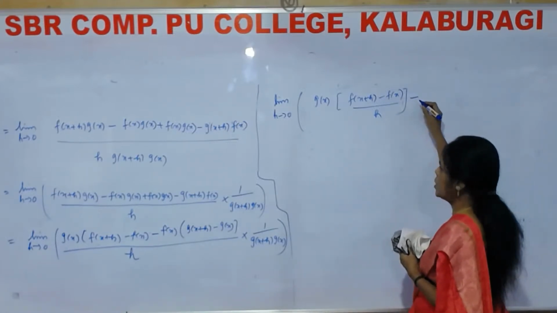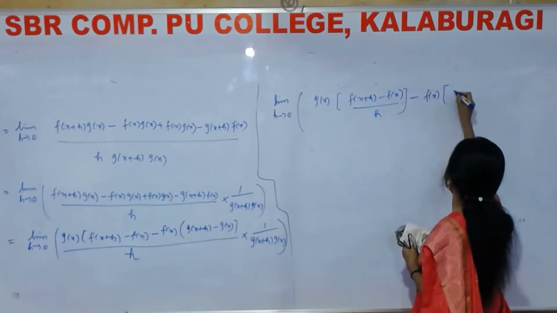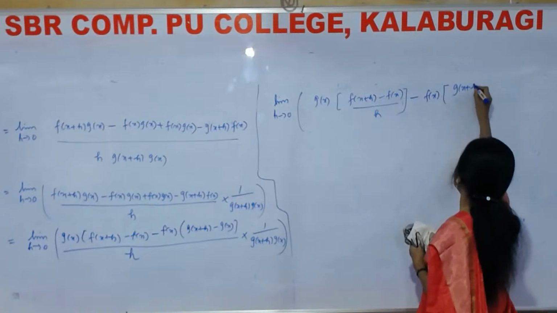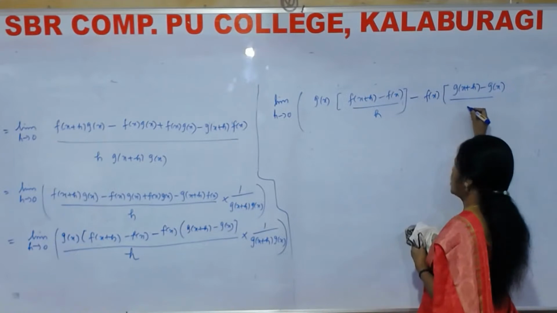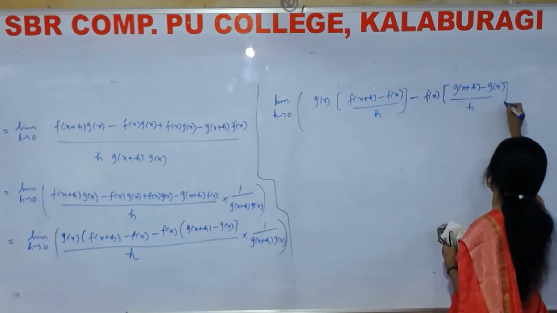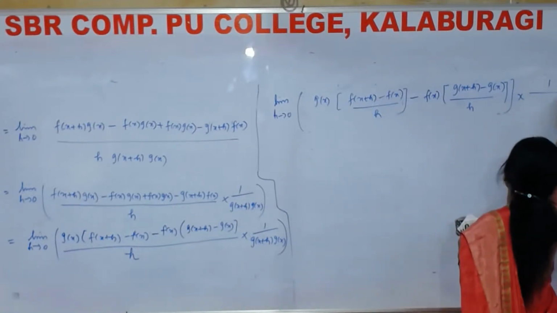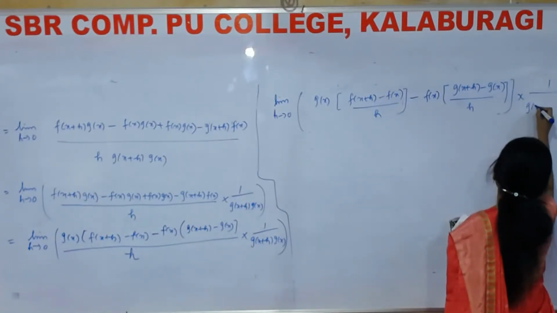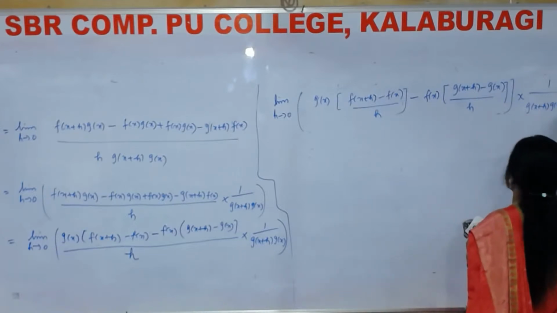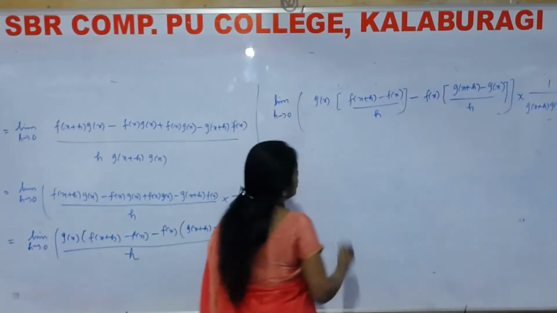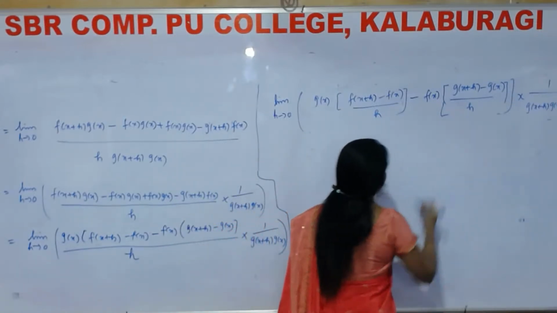Tell me what is the next one? f of x into g of x plus h minus g of x divided by h. What is left out? Into 1 by g of x plus h into g of x. It is common for everything. Any doubt in this?